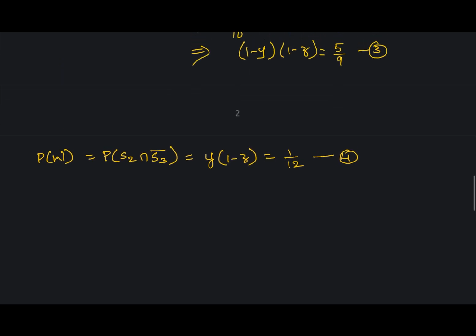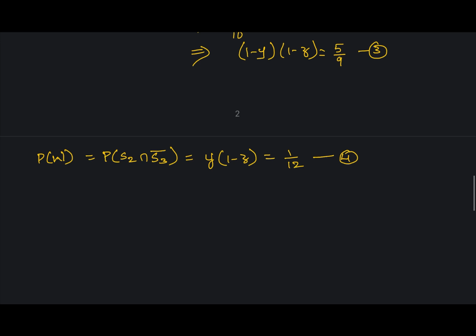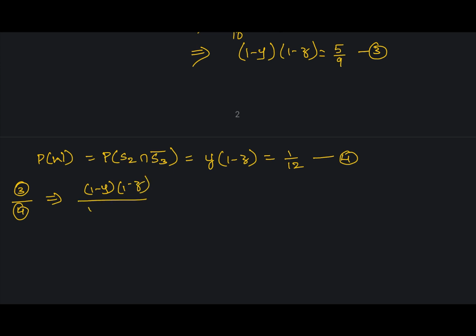And now we divide equation number 3 and equation number 4. So equation 3 divided by equation number 4 implies that 1 minus y into 1 minus z divided by y into 1 minus z equal to 5 by 9 divided by 1 by 12.